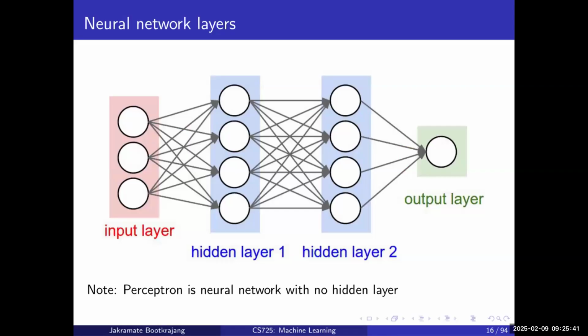So here's an example. In the input layer, we have three nodes, three vertices. Then we have two hidden layers, each with four vertices, and then we have an output layer with just one vertex.